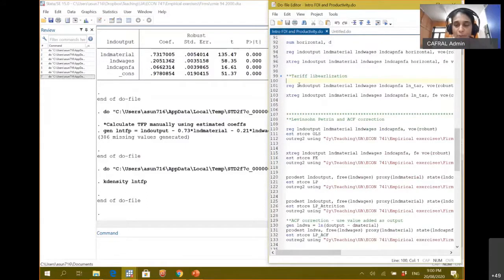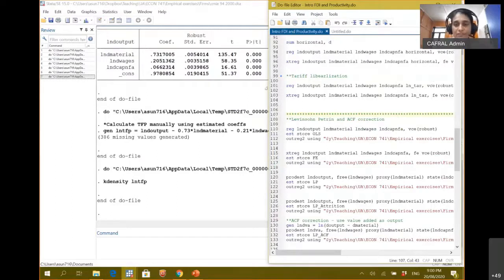Regress output on materials, wages, capital, and then include the tariff. ln tar is the import tariff on the particular sector in which the firm is. So I have data on the tariff.